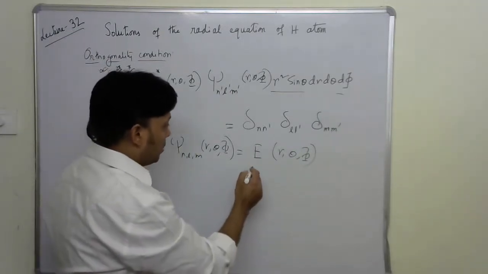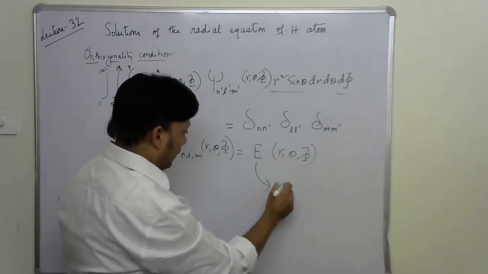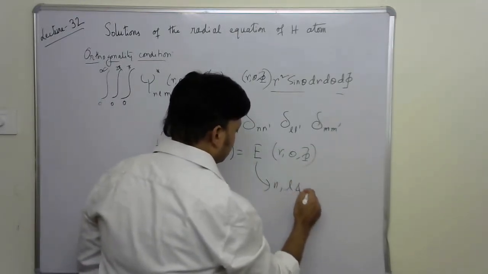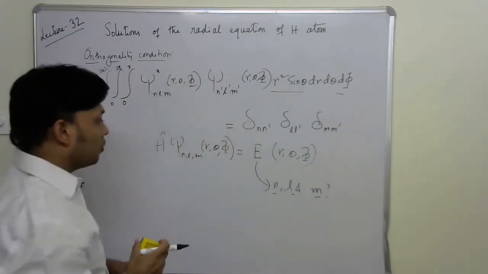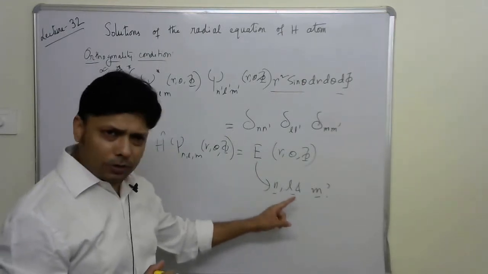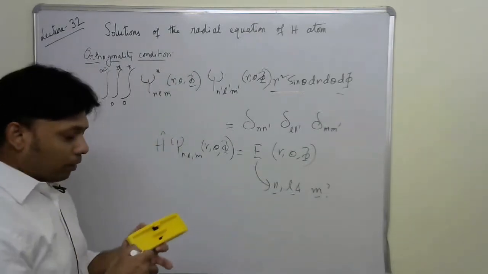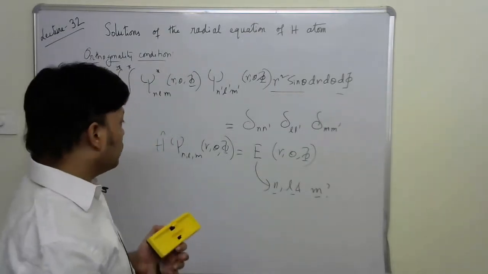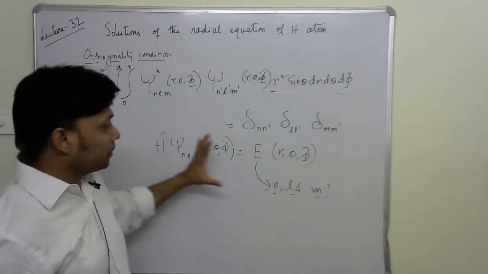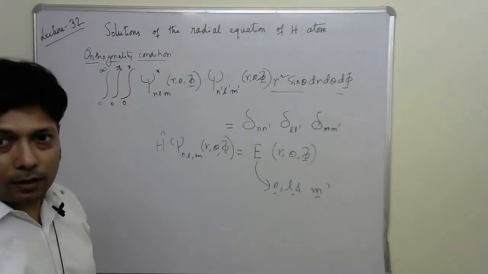The question is whether this energy eigenvalue depends on n, l and m. That means whether the energy of the hydrogen atom is dependent on all the three quantum numbers n, l and m. So in the next part we are going to find out what the energy eigenvalue was, as obtained by solving the Schrodinger equation. Okay, so let's clean that out and discuss it.